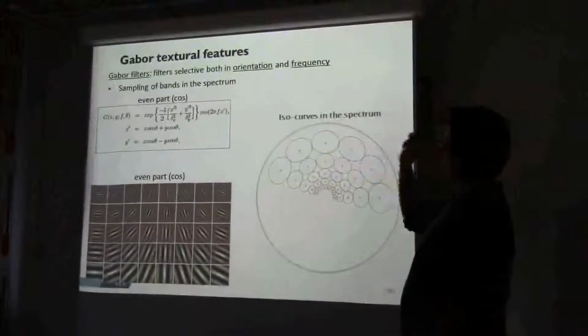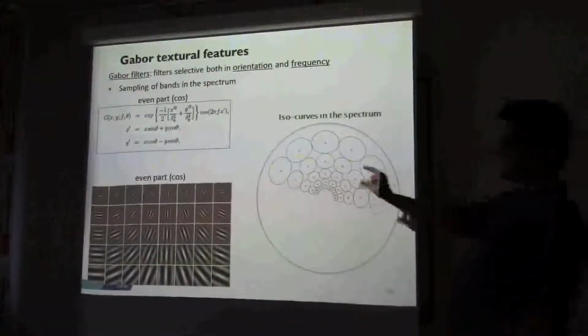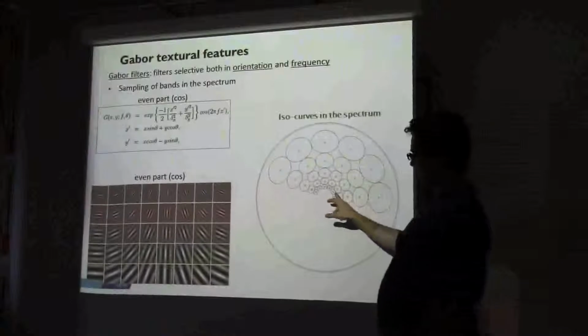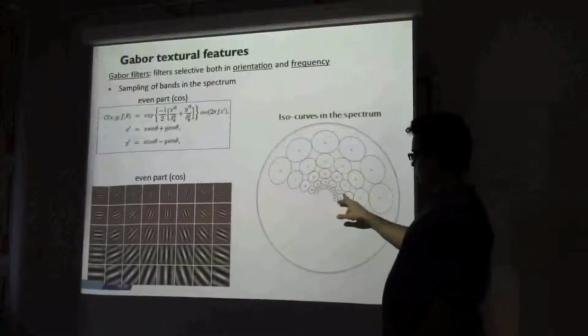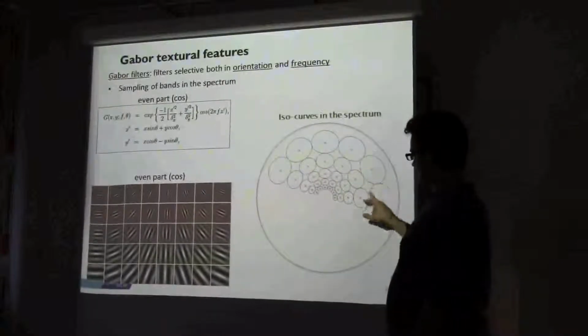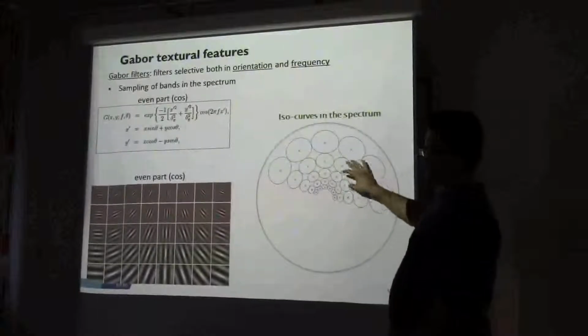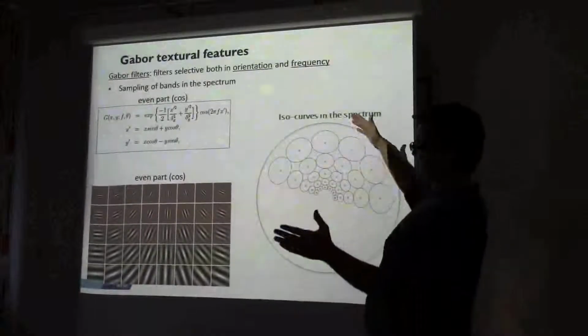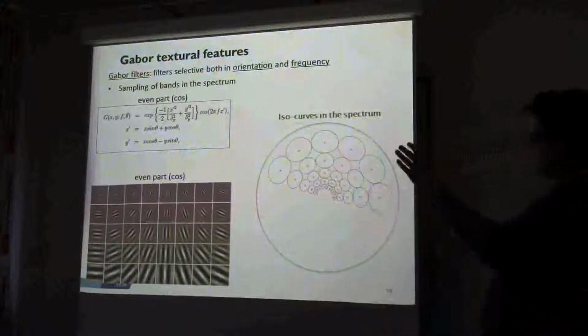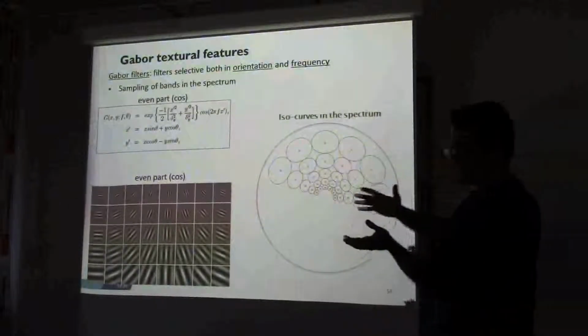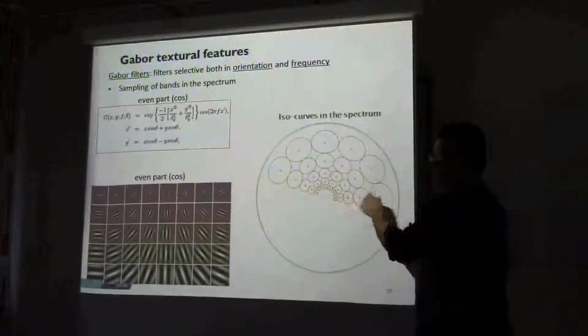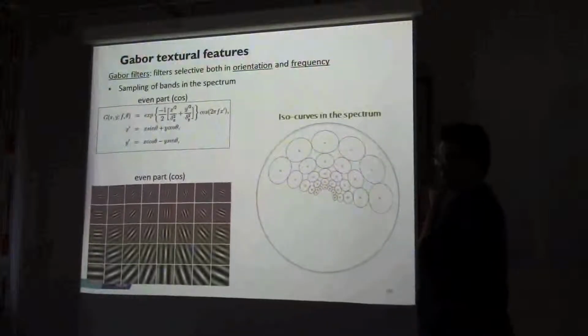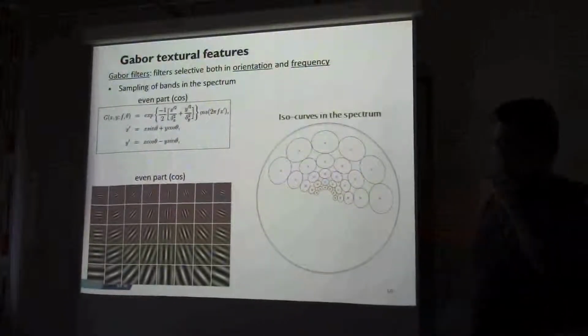So if you change the frequency and the orientation, what you are doing is sampling, or getting, let's say, the average of each part of the spectrum. If you push this sampling to infinity, you will get exactly the spectrum. Do you have this idea?